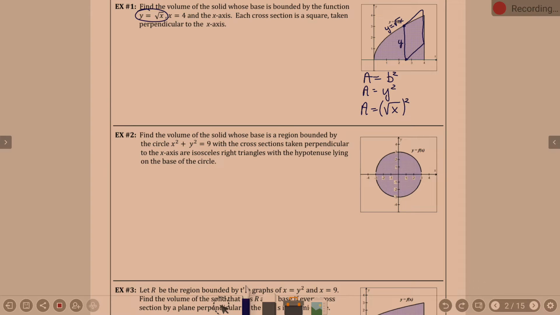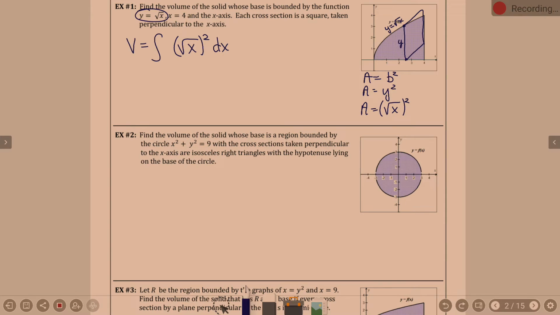So what we're going to be doing is integrating area. In order to find volume, we're going to integrate area. So we're going to be looking at the integral of square root of x squared dx. I'm writing square root of x squared so you can see where it came from. Yes, that is going to become x.